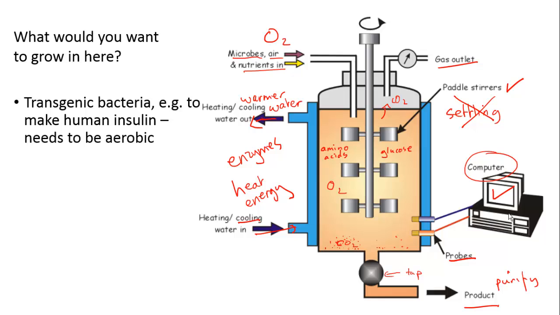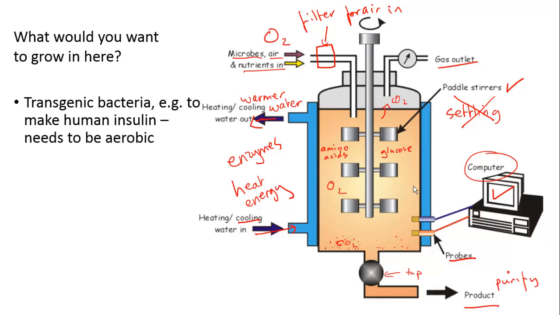And there's one little thing that maybe we've missed out on this diagram, and that would be here. That would be a filter for the air going in. It's going to be really important that we stop other microbes getting in. We have made in this fermenter a lovely, warm, gooey, salty, sugary, amino acidy, oxygenated solution, which is perfect for microbes to grow.